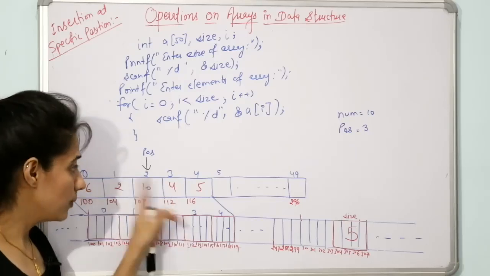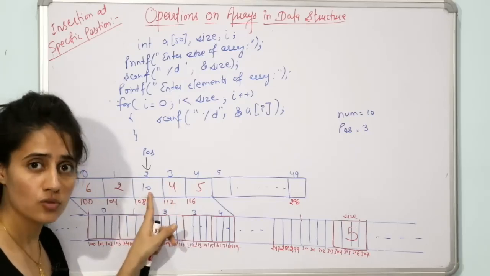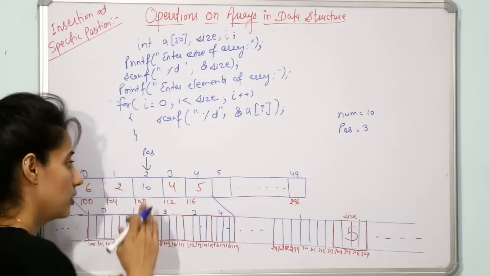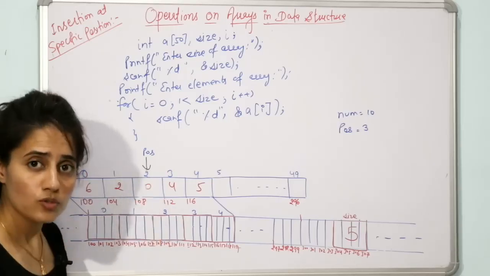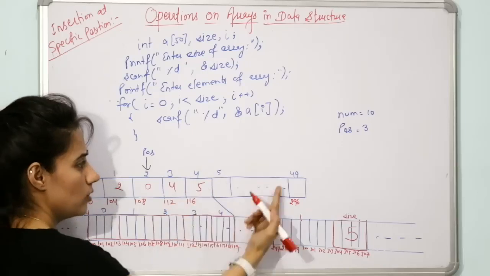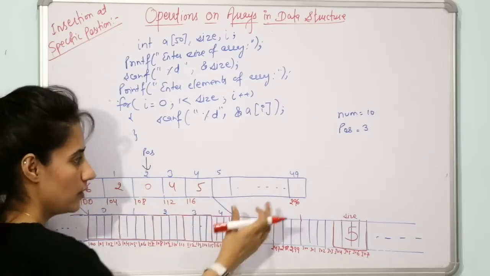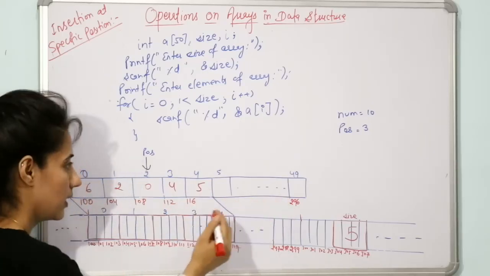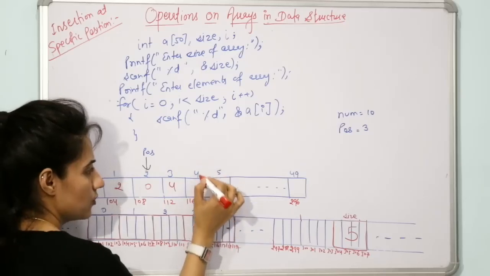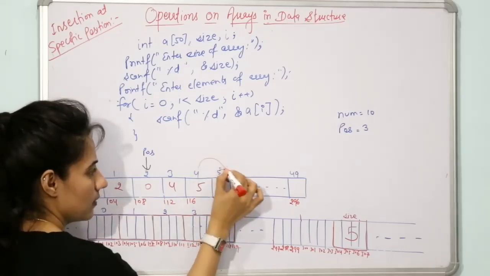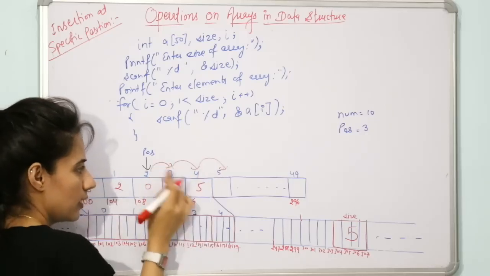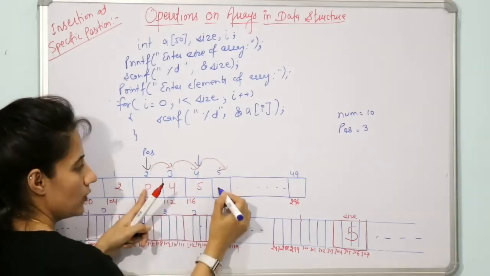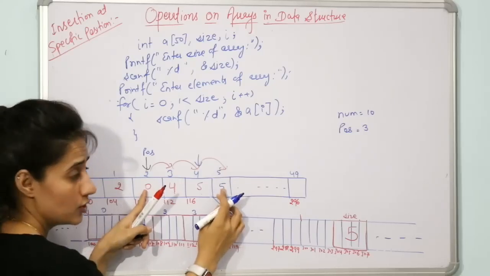We want all the previous elements as well as some extra element that you want to insert. So you cannot do this directly. So another approach is what? You can shift these elements to the right side. Fine, because we still have space left in the array. So you can shift this 5 here, then this 4 here, then this 0 here. So here you can write this 5 after shifting.